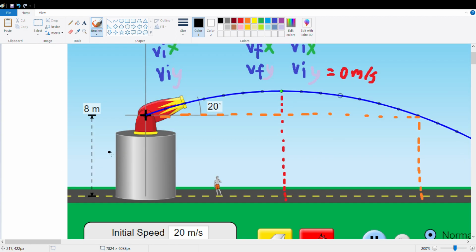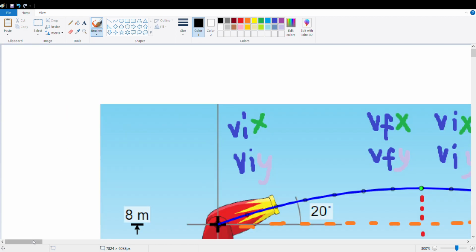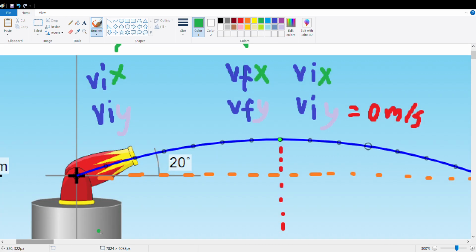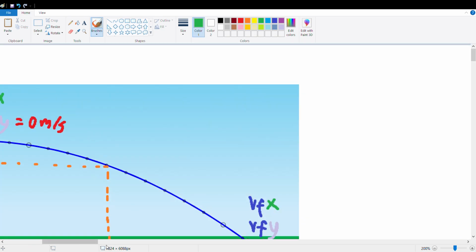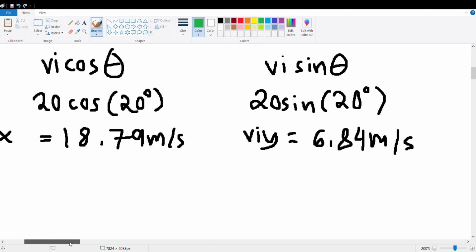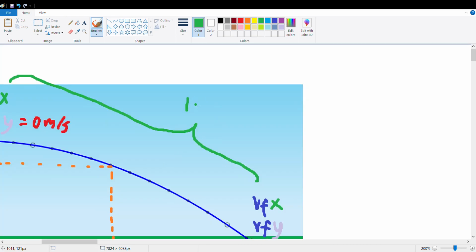So now we have the givens. Vix, basically all of these, will always equal the same 18.79.